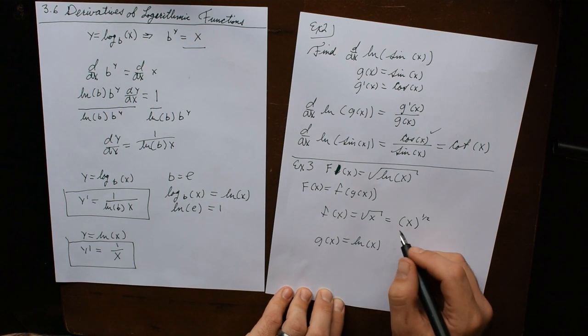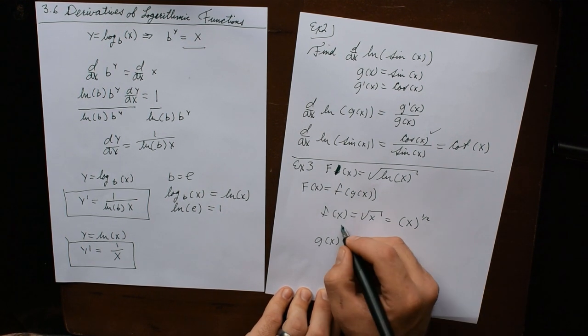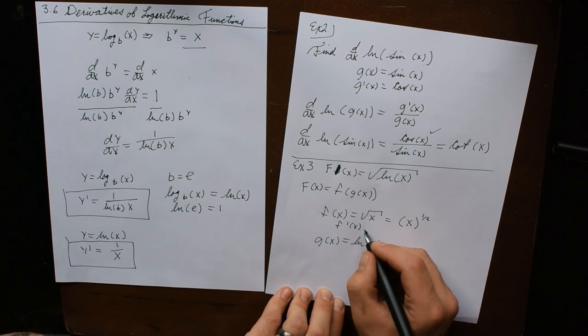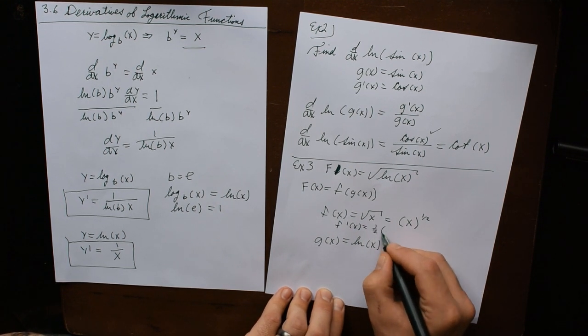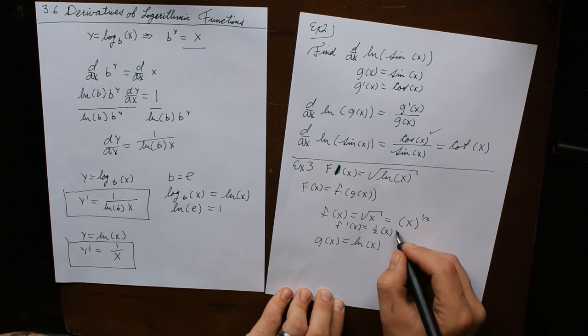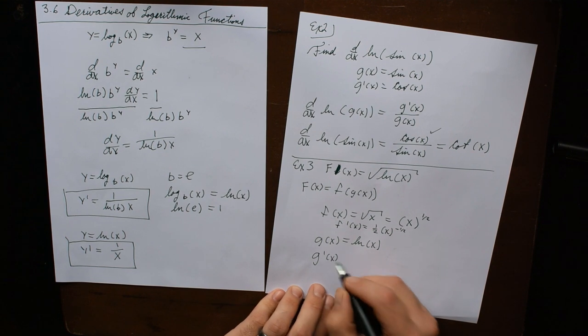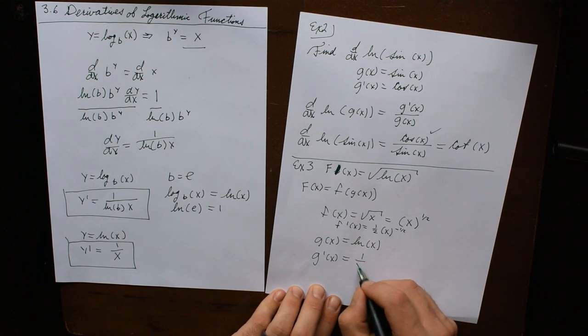We need the derivative of little f of x, f prime of x. By that power rule, the exponent's going to come down. We get 1/2 of x to the 1/2 minus 1, which is negative 1/2. And we need g prime of x, which is 1 over x.